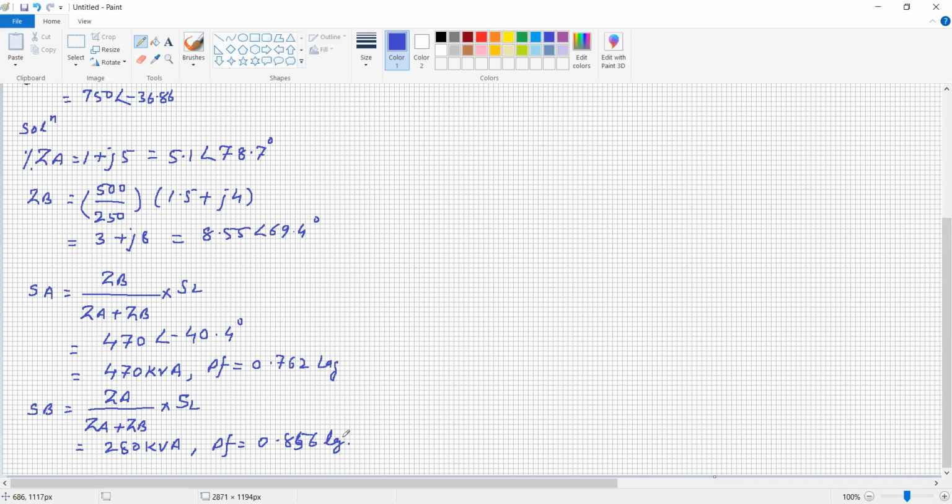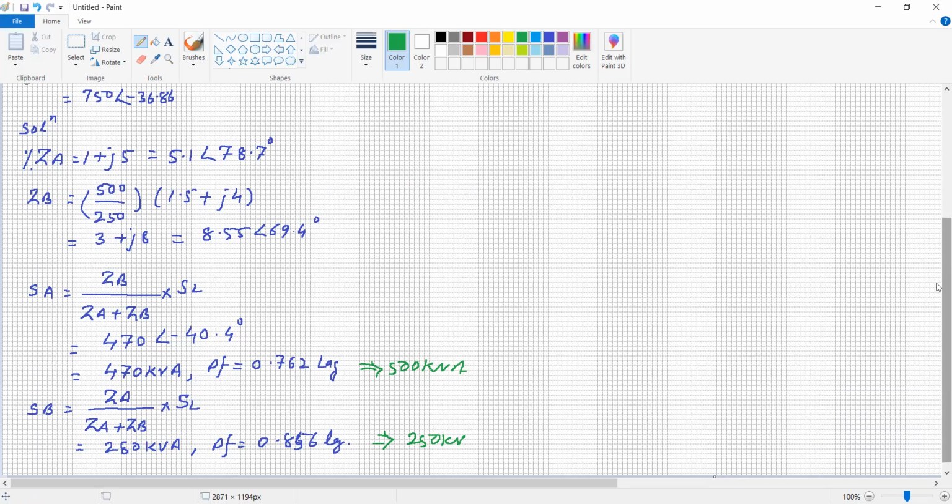Here the transformer whose capacity is 500 kVA is under loaded, whereas the transformer whose capacity is 250 kVA is overloaded, and it is because of the unequal resistance to reactance ratio.